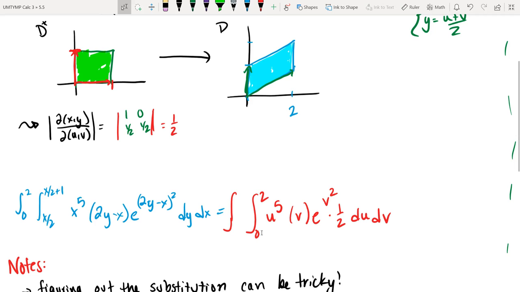Okay, and it turns out that these are also going to be, so if we think about this, this is going to be that 2 there, so this is the u vector, and this is the v vector, and this is also going to be 2 as well.